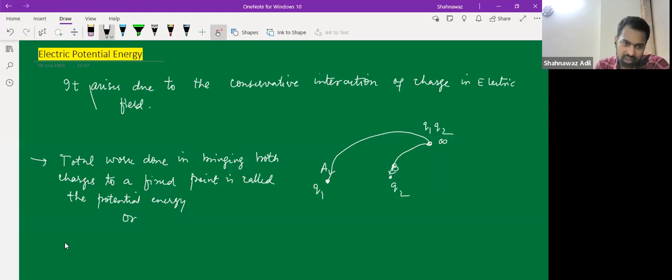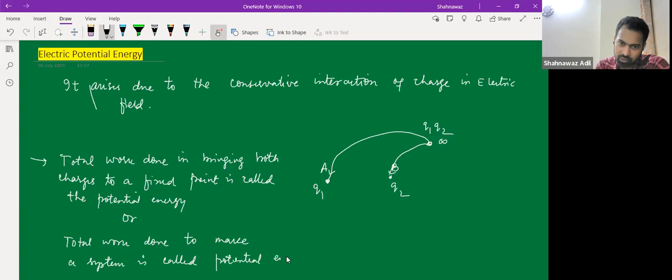So we can also say that the total work done to make a system is called potential energy. Right. So any of these two definitions you can choose.